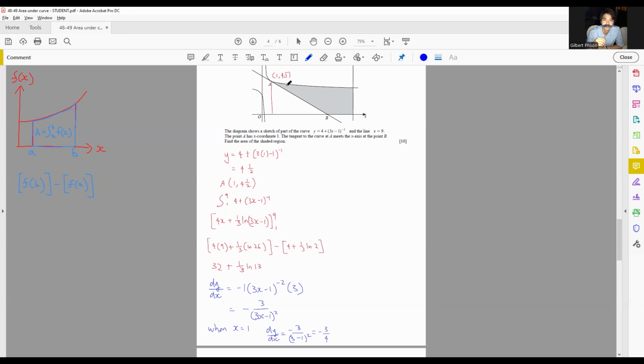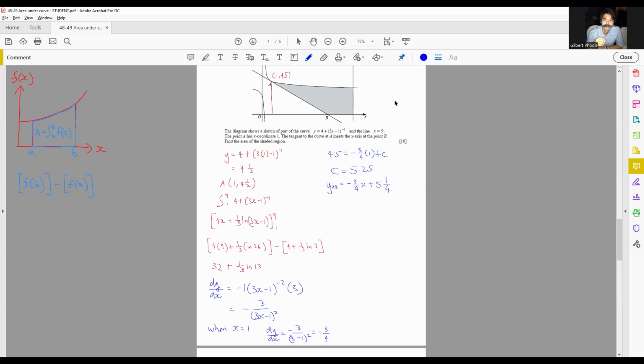Having the gradient, now we're going to find the straight line equation. y equals mx plus c, 4.5 is equal to m, which is negative 3 over 4, times x, which is 1, plus c. Then typing this into your calculator, your c is supposed to be 5.25. Okay? Therefore, the equation for AB is y equals negative 3 over 4x plus 5 and 1 over 4.